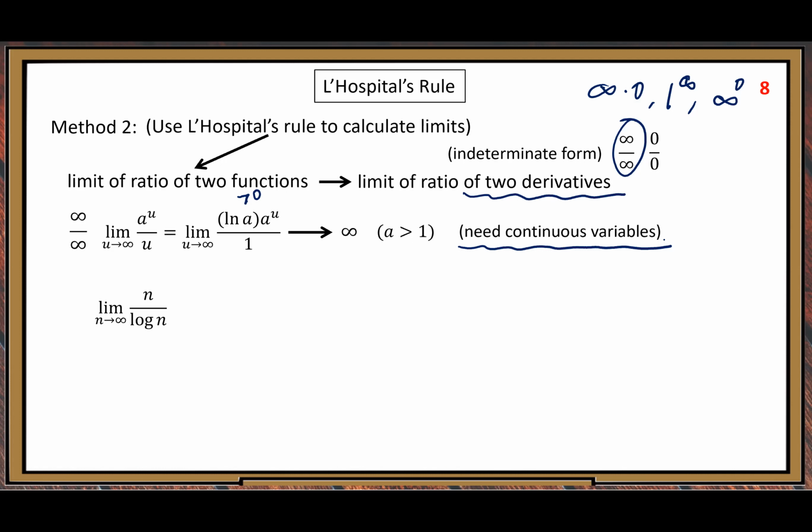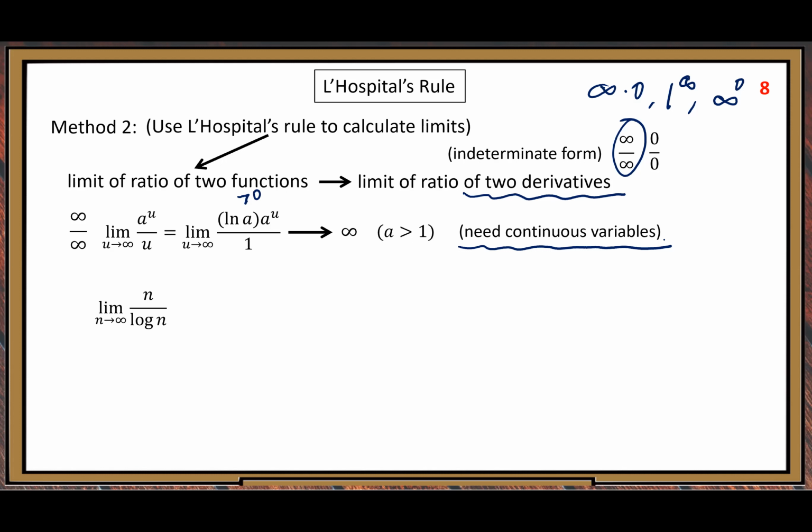We know n can only take discrete values, 1, 2, 3, 4. n is not a continuous variable, so it's a discrete variable. For a function using a discrete variable, you cannot take a derivative. It's illegal.